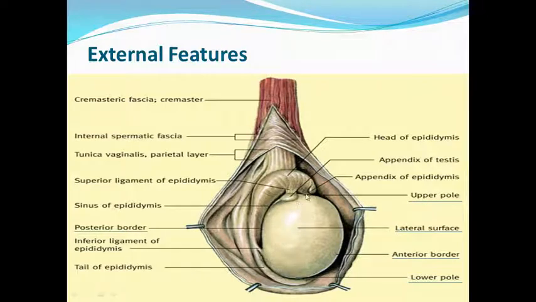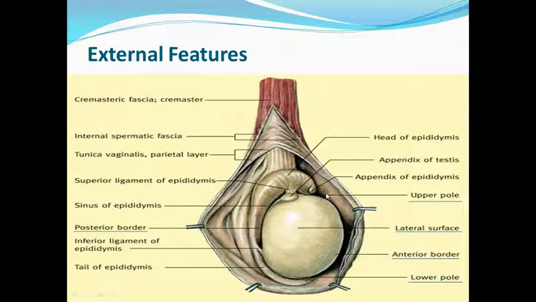It has two borders, the anterior border, which I am tracing with my cursor, and the posterior border, and two surfaces, the lateral surface, which we can see in this figure, and the medial surface, which we cannot see in this figure.